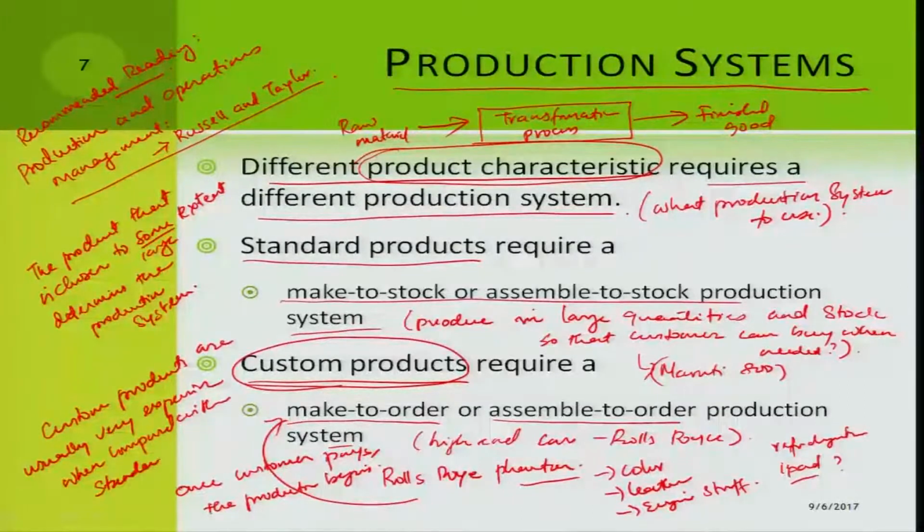For example, you could get maybe a Maruti 800 or something. Now I don't think they make the Maruti 800 anymore. I think it's Alto or something like this. You will get it for 2 to 3 lakhs, whereas a Rolls Royce will run to 2 to 5 crores. Okay, that will be the difference. So custom products are usually more expensive, and depending upon whether you are trying to make a custom product or a standard product, your production system decisions will change.